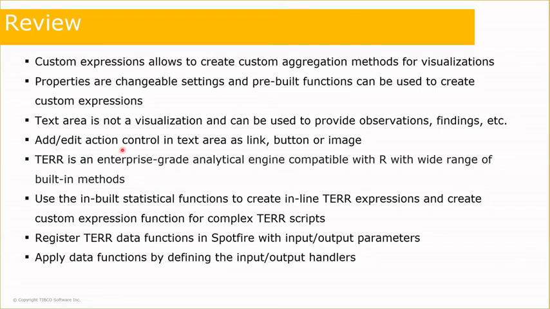You can also create action controls in the text areas. We have seen using IronPython scripting or JavaScript. We have already seen IronPython scripting, so you need to be aware of the Spotfire API packages to be used in those IronPython scripts to execute them in Spotfire.